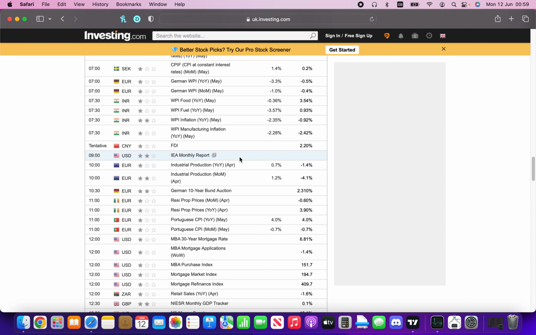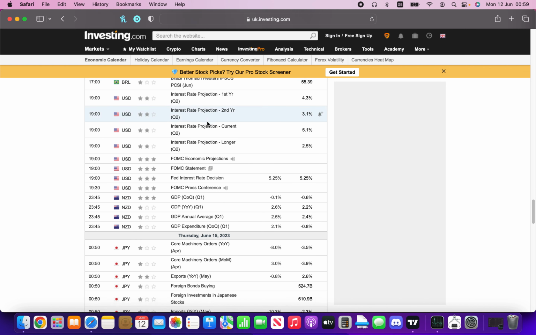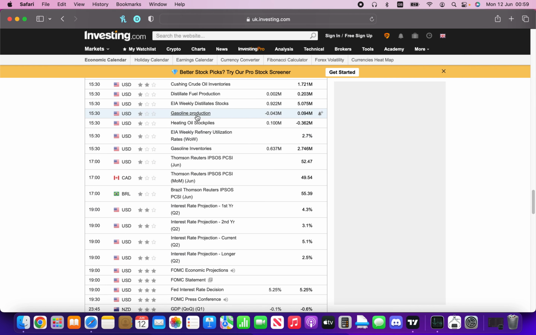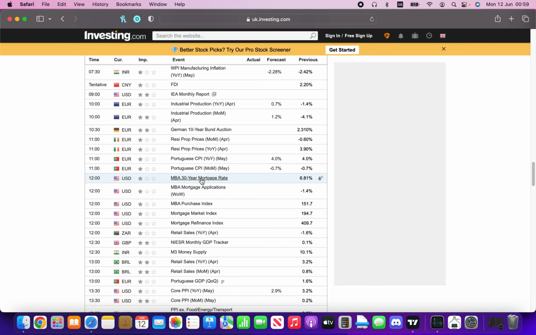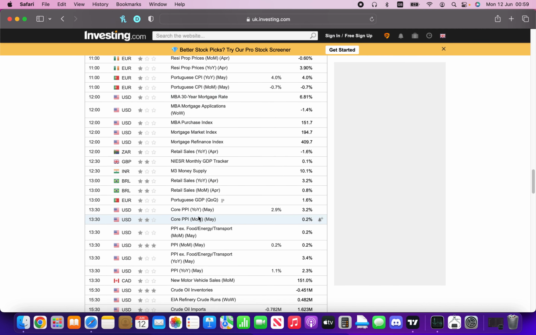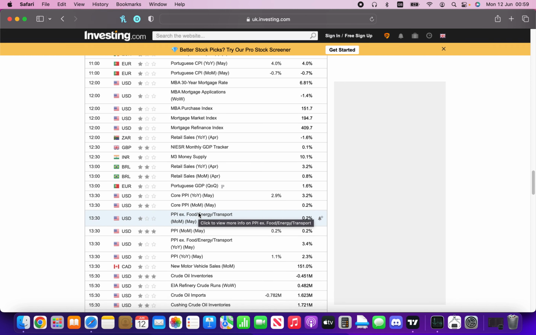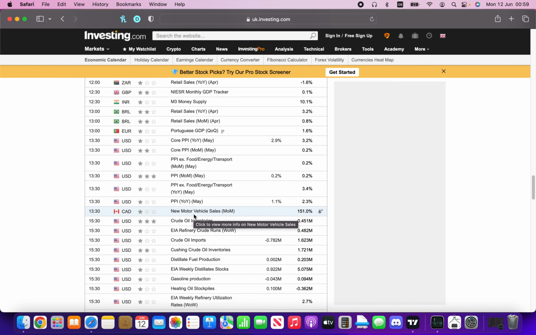And then on Wednesday we have the other big news, which is, let's go to Wednesday. Oh, sorry, already at Thursday. There we go. So Wednesday we have, let's see if there's anything for the UK. Nope. In the US, we have core PPI. So there's CPI and there's PPI, which the Federal Reserve also looks at.